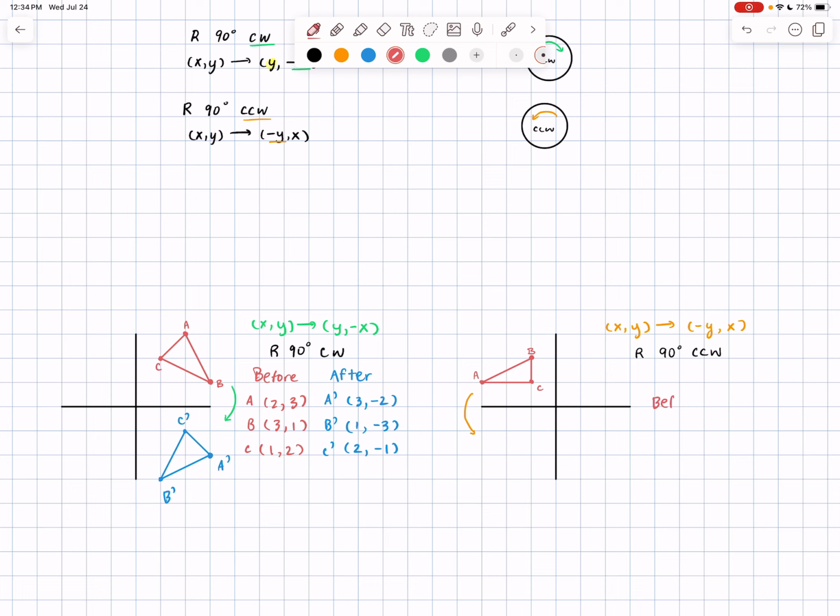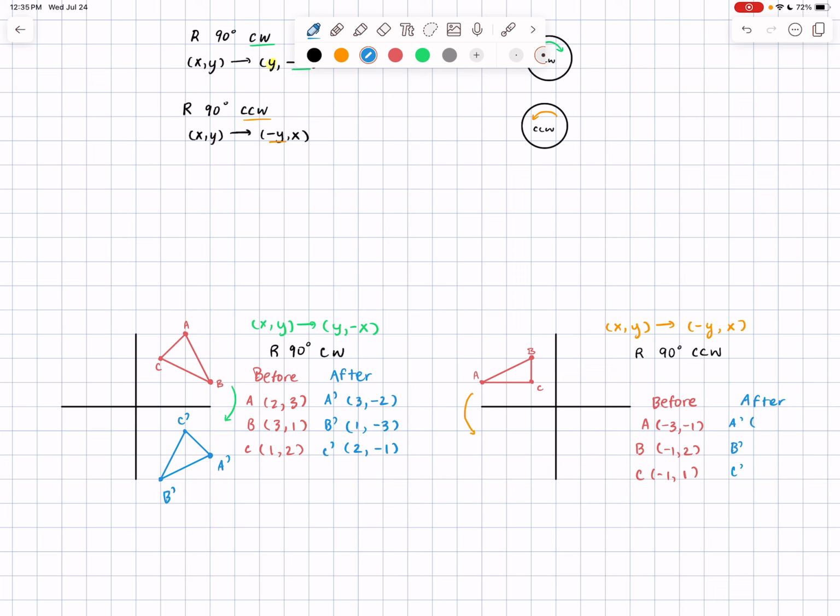So before, we have A at 3, negative 3, comma, negative 1. Our B value at negative 1, comma, 2, and our C value at negative 1, 1. So our after is going to be A prime, B prime, and C prime.